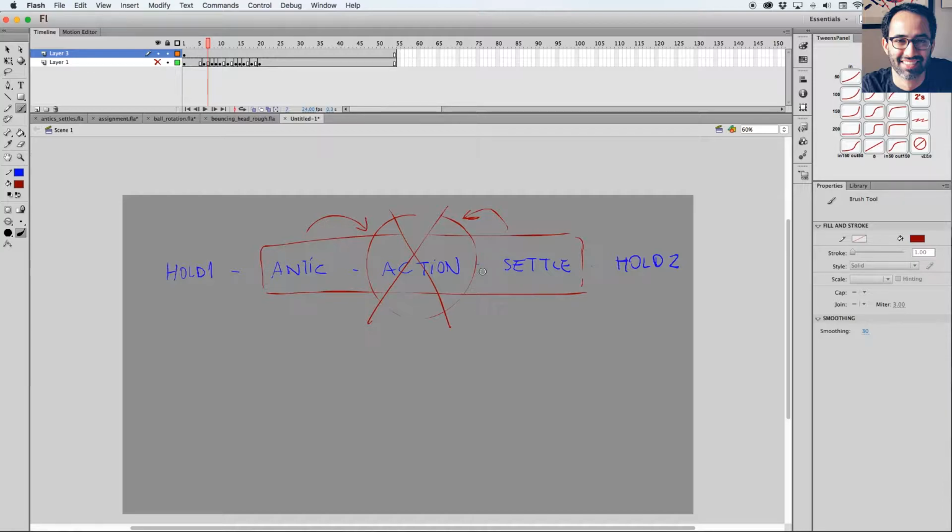But it's way more important to demonstrate the action. It's like when you draw, you don't think about your drawing as you do it. You think about what's coming before and what's coming next, right? The same idea here. You don't think about your action. You define your action by thinking about your anticipation and your settles. And that way your action will be clear.